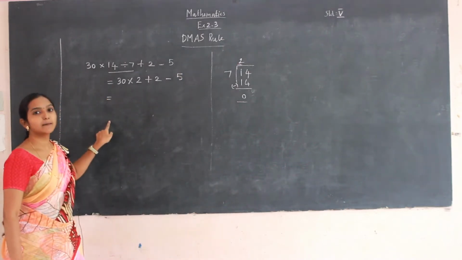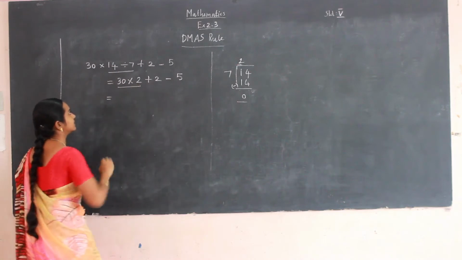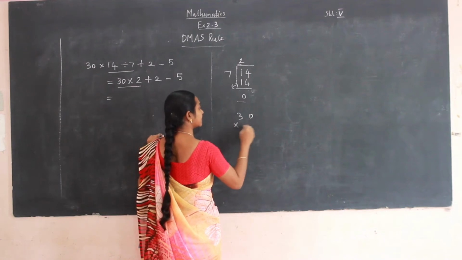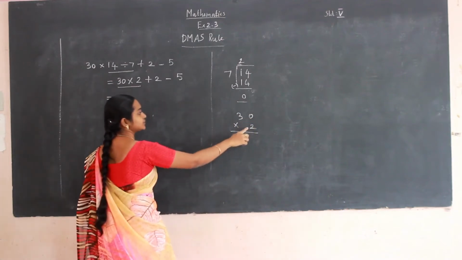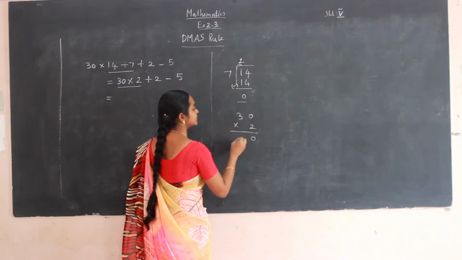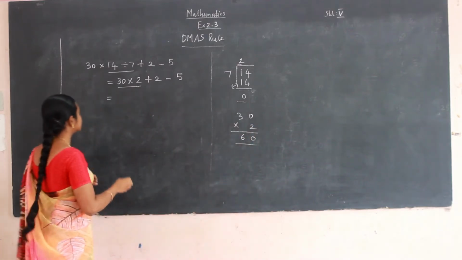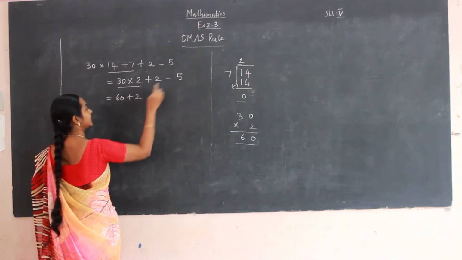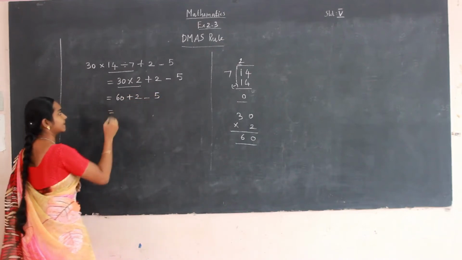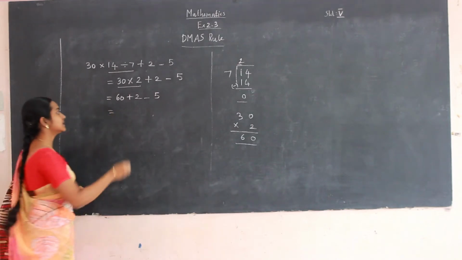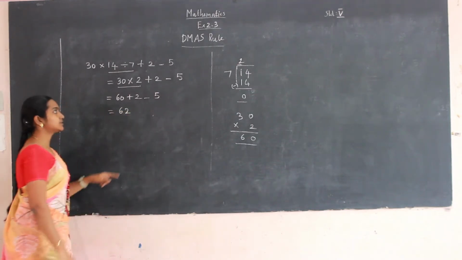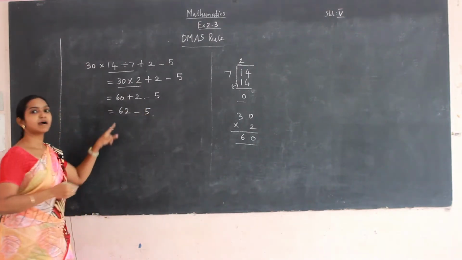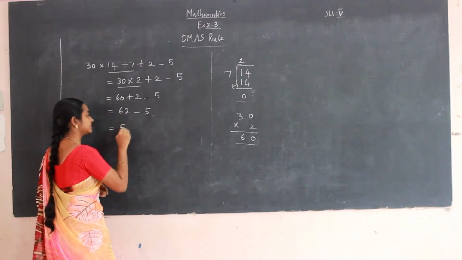Next we have to do multiplication. Multiply 30 and 2. 0 into 2 is 0, 3 into 2 is 6. So the answer is 60. 60 plus 2 minus 5. 60 plus 2 is 62. 62 minus 5. 62 minus 5 is 57.